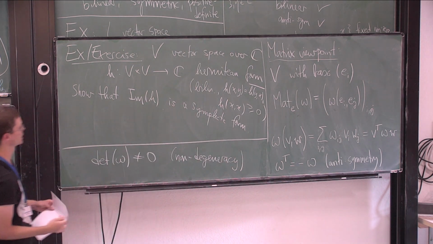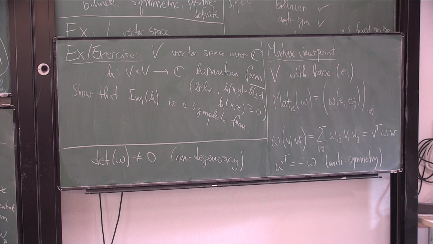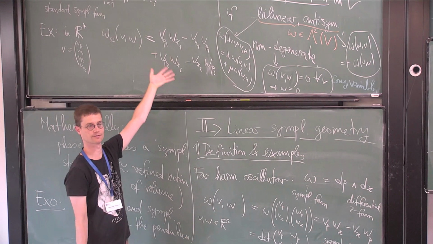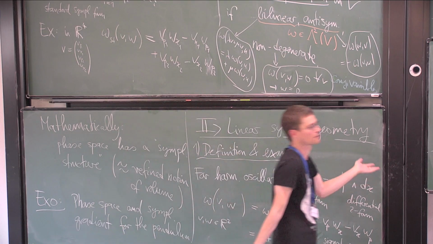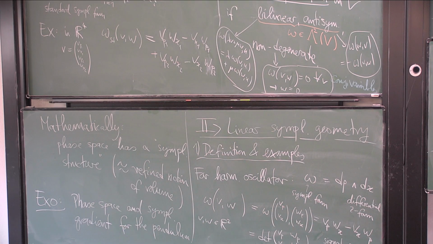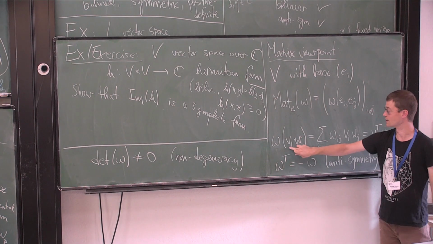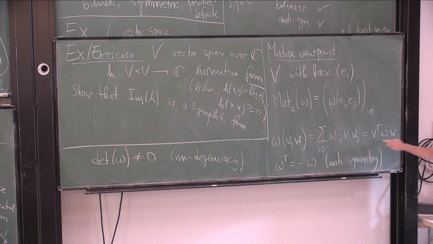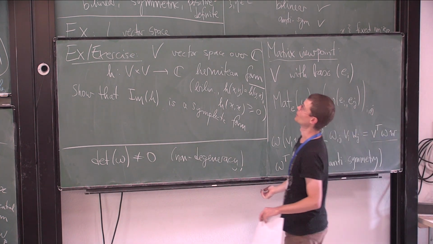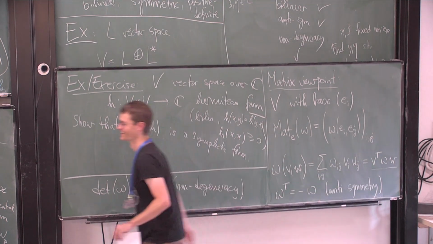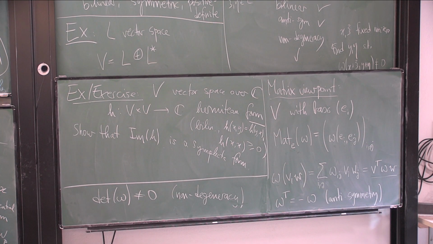Actually, I agree that this viewpoint may be much more convenient than the abstract definition, because now we can just say a symplectic form is an antisymmetric matrix with non-zero determinant. And we know how this object evaluates on two vectors: we just plug in this formula. Maybe this makes it more human, easier to grasp.